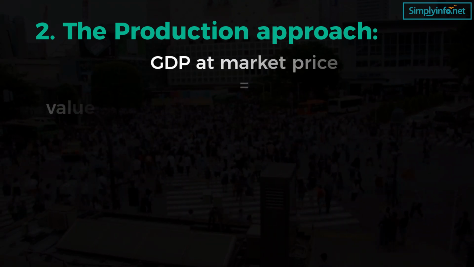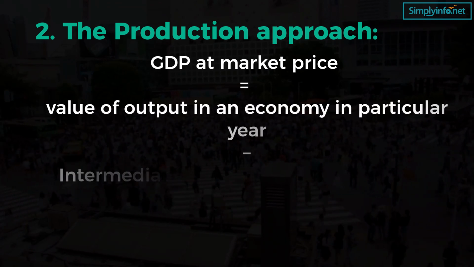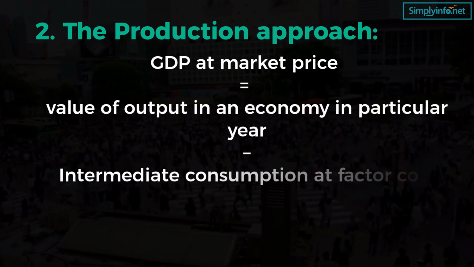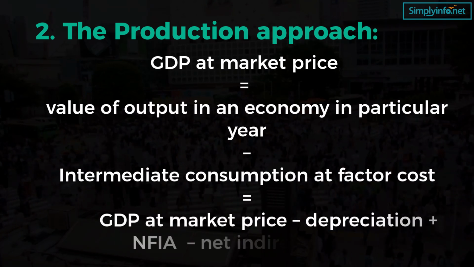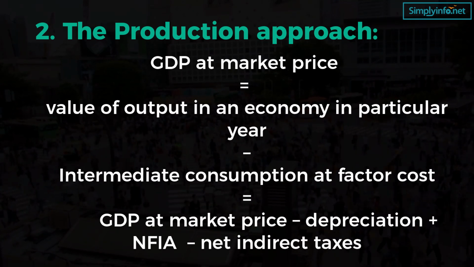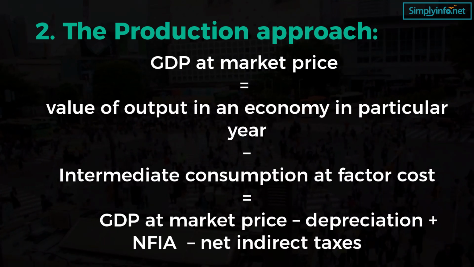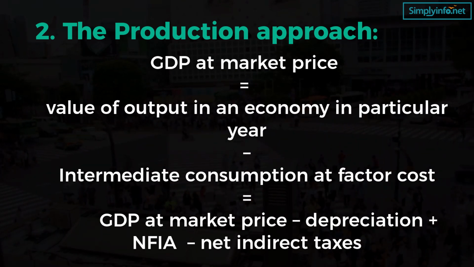GDP at market price is equal to value of output in an economy in a particular year minus intermediate consumption. GDP at factor cost is equal to GDP at market price minus depreciation plus NFIA, that is net factor income from abroad, minus net indirect taxes.